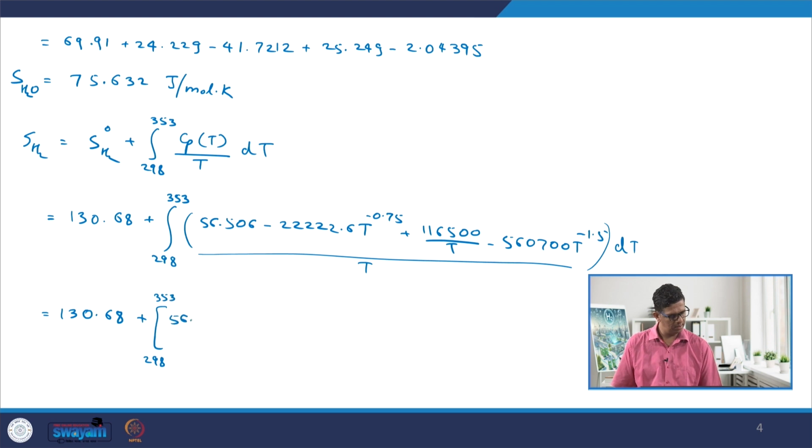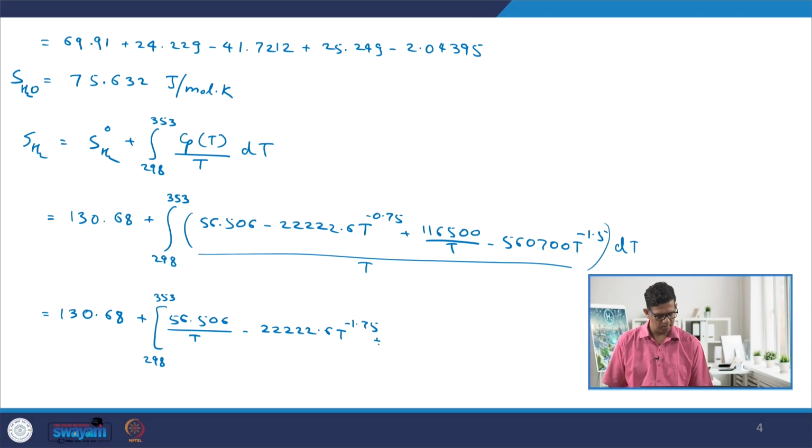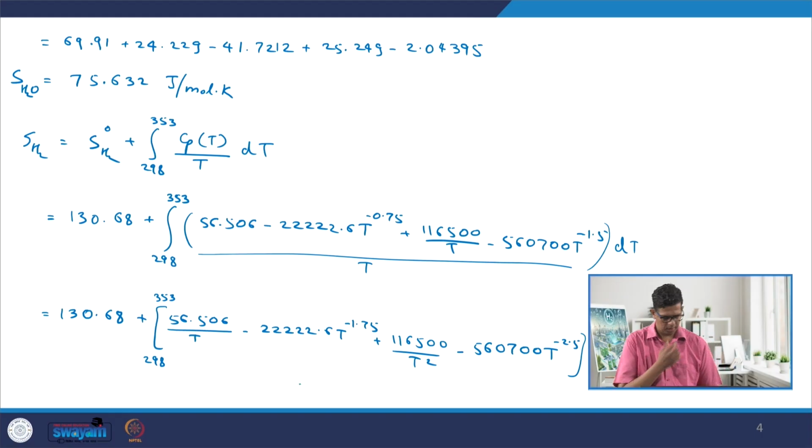This is 56.506 divided by T minus 22,222.6 times T to the power minus 1.75 plus 116,500 divided by T square minus 560,700 times T to the power minus 2.5, right.